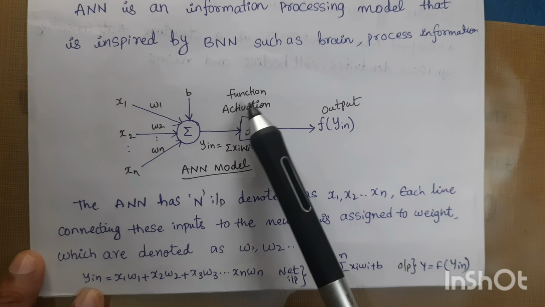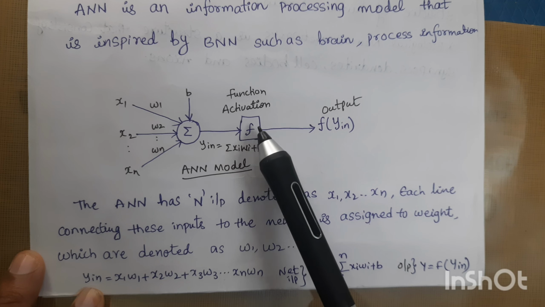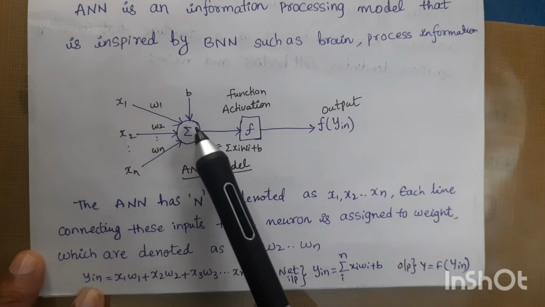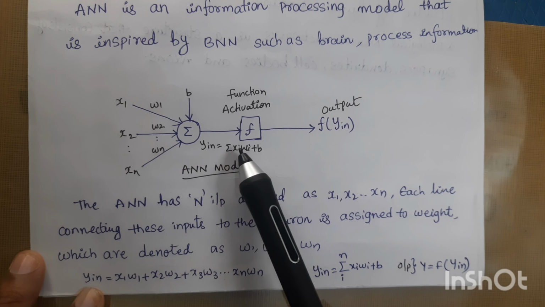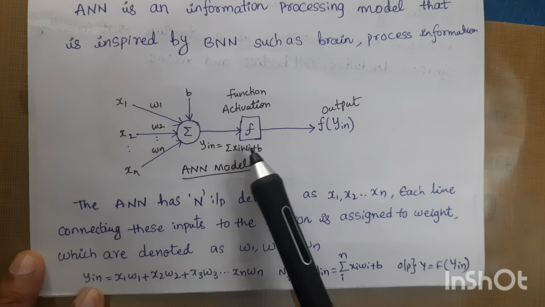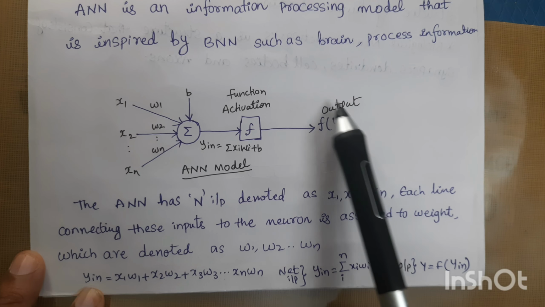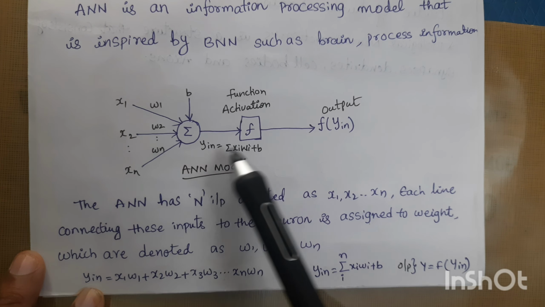This is called the activation function, which will be represented by F. Here sigma means we are going to multiply x, the input, with W, the weights, and add the bias: sigma Xi Wi plus B. So this is the output. So overall this is called the ANN model.